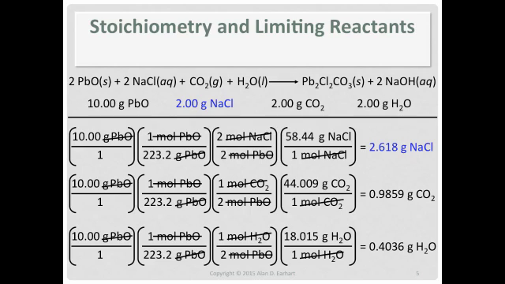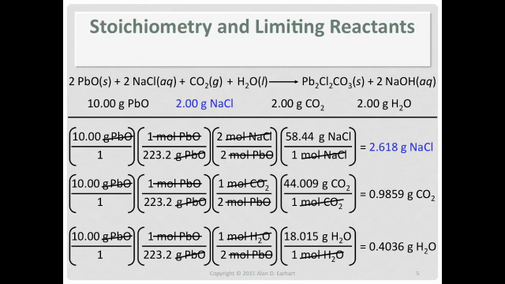But I need more than 2 grams of sodium chloride, but I only have 2 grams. Okay. So now what I've done is shown that sodium chloride is the limiting reactant. And I do my calculation going from the 2.00 grams of sodium chloride to grams of phosgenite. That's the lead compound on the right-hand side of the arrow.